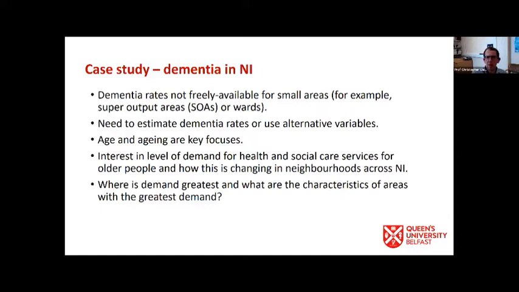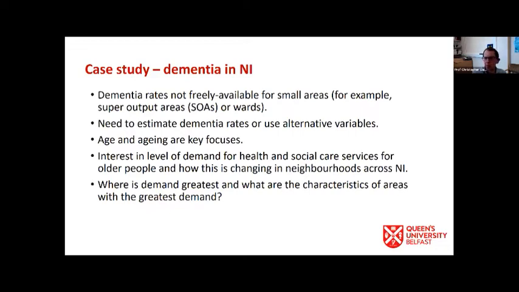If we're concerned with the geography of any health condition and accessibility to healthcare, we need geographically detailed information on that health condition as a starting point. But in Northern Ireland, dementia counts and rates are not freely available for small areas, at least not for residential areas. So by small areas, I mean something like super output areas, which in Northern Ireland, there are 890 of those, and there are just over 2,000 people in each of them.